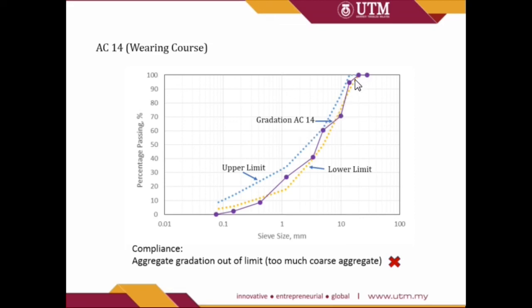It can be seen that the result is out of limit, particularly for the lower limit. This can be concluded that the asphalt mixture contains too much coarse aggregate and it should be reduced during the blending. Therefore, the aggregate gradation is not compliant with the standard.